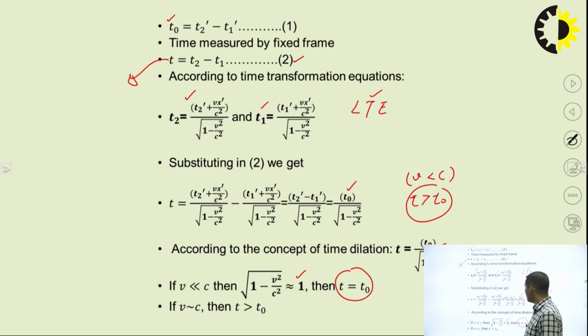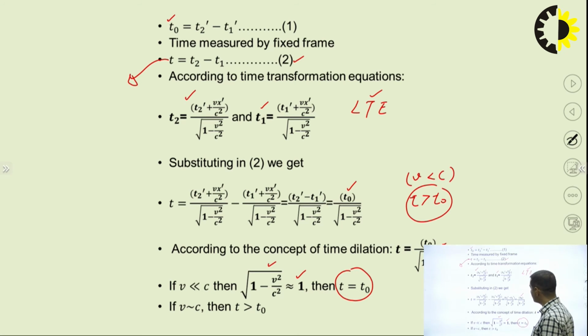If V is much less than C, that means according to classical mechanics, we always consider that the velocity of the object is much less than the velocity of light. So in that condition the value of this factor tends to 1, and the value of T will be equal to T naught.